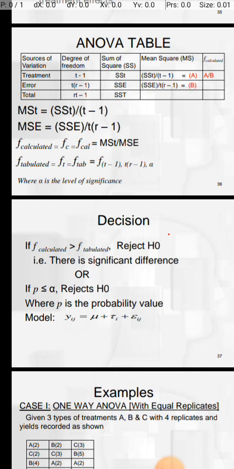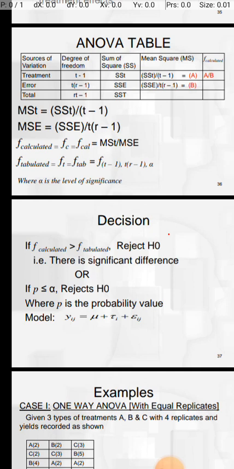At the top, you have sources of variation, followed by degree of freedom. Then you have sum of squares, that's SS. Then you have the mean square, MS, and you also have your F calculated. So I hope you are taking notes. So those are the columns.